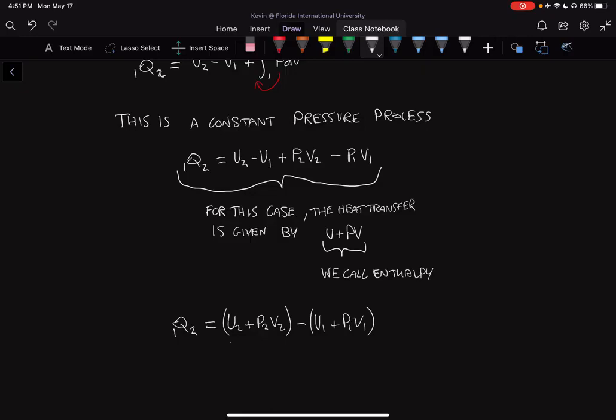And this is essentially what enthalpy is defined as. Enthalpy is defined as the internal energy plus the work term within that internal energy directly related to it.